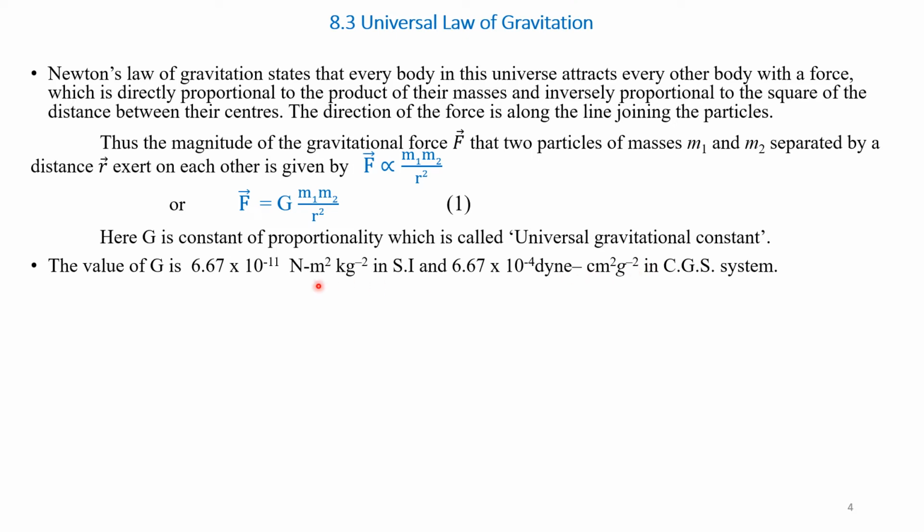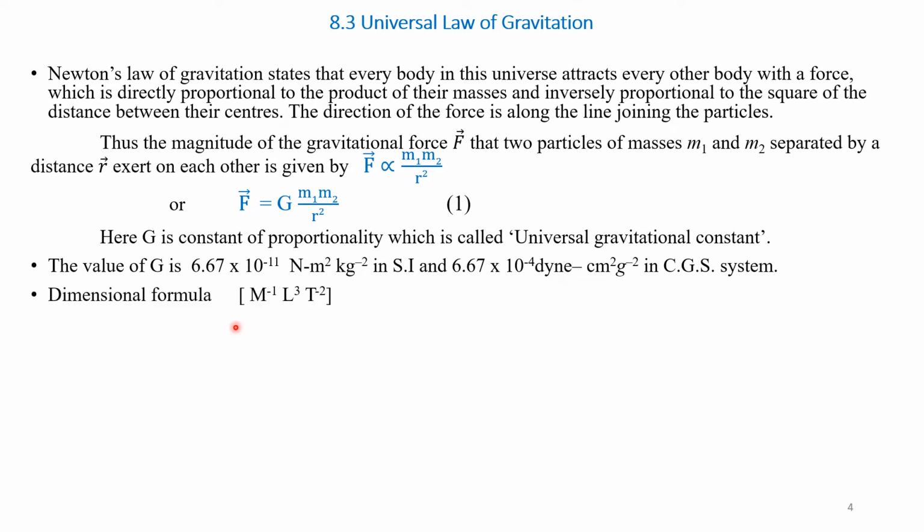The value of G is 6.67 into 10 to the power of minus 11 Newton meter square per kg square in SI units, and its value is 6.67 into 10 to the power of minus 8 dyne centimeter square per gram square in the CGS system.